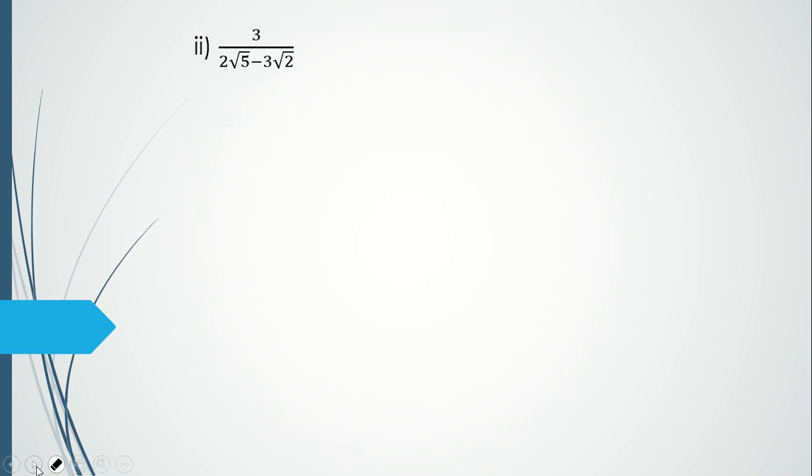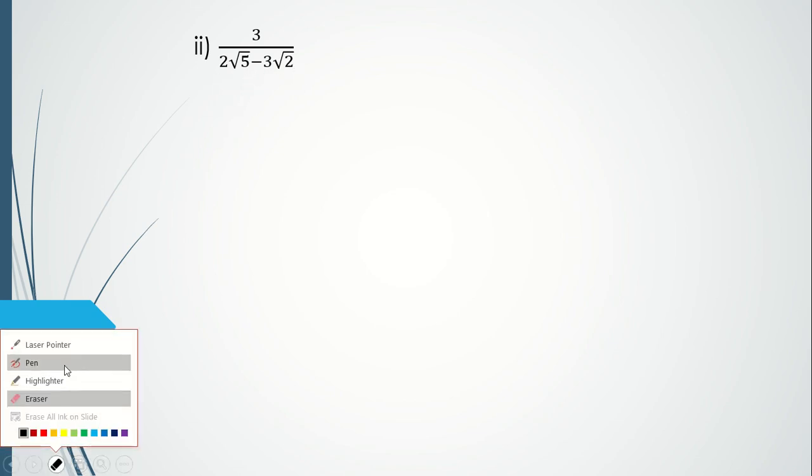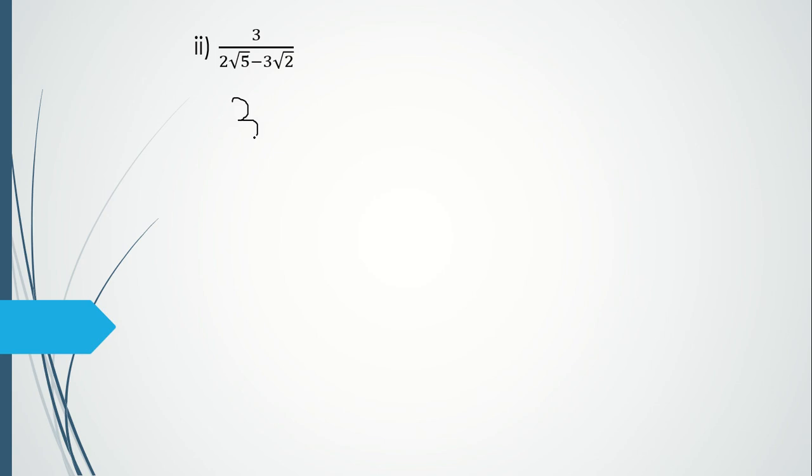Next sum. Now here conjugate of this is going to be 2 root 5 plus 3 root 2. Same way, exactly the same way.